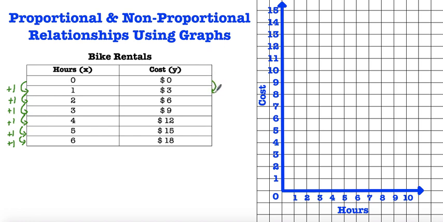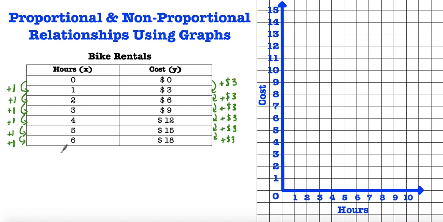It's also increasing by the same amount, but it's increasing by $3. So we know that every hour that passes by, an additional $3 will be charged for the bike rental.